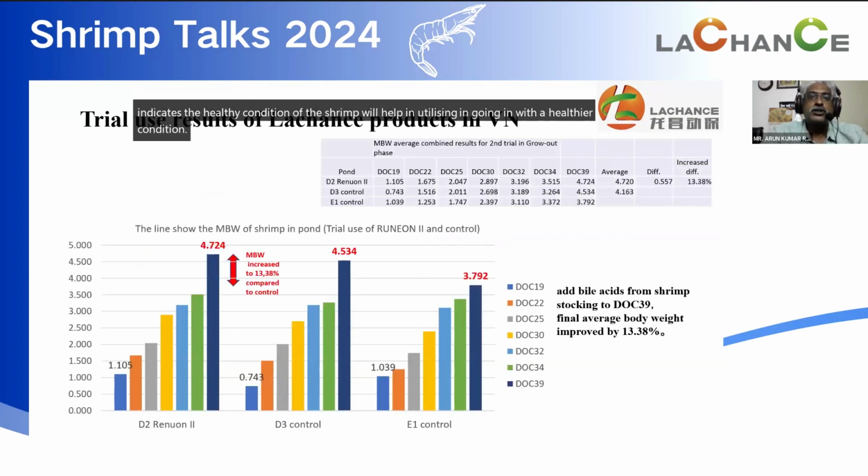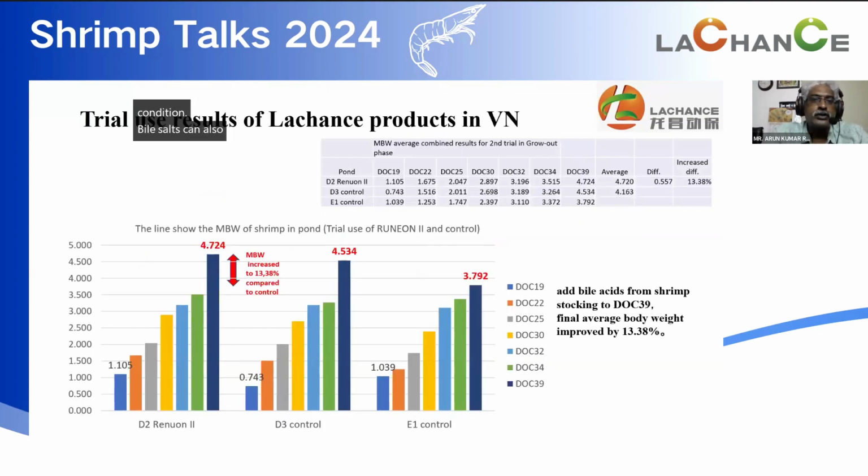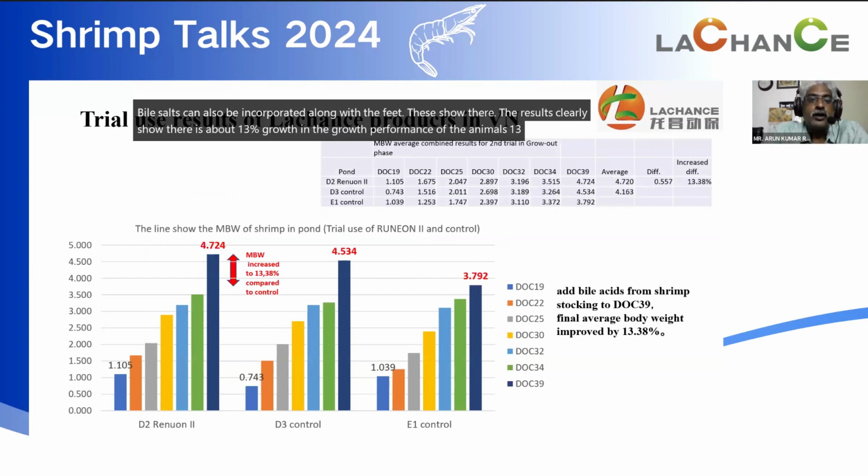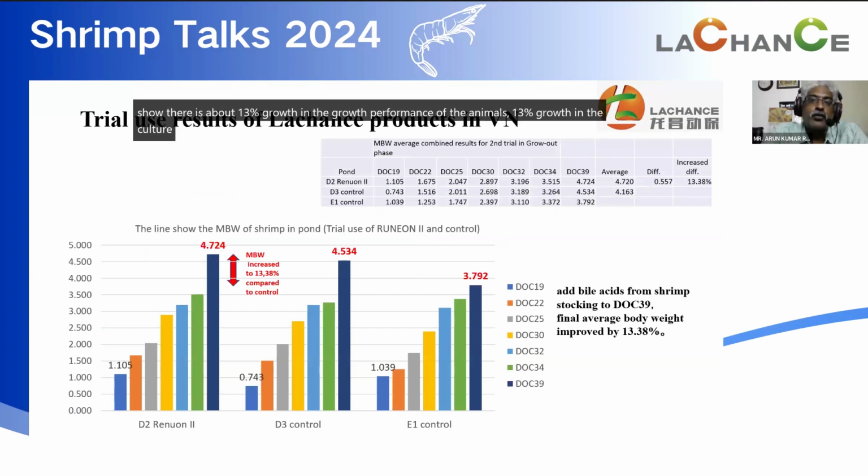These bile salts can also be incorporated along with the feed. The results clearly show there is about 13% improvement in the growth performance of the animals, during the culture period of 60 to 70 days, 39 to 40 days, and at higher stocking densities, you can clearly see the increased growth rates.